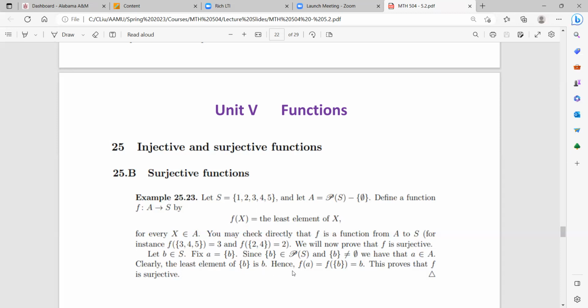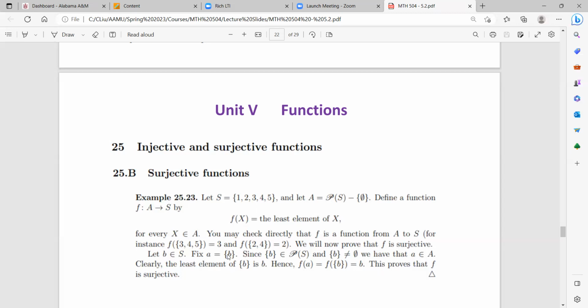So f of A equals f of {b}, which is the element of this set, which is b. So f of A equals b. So for any b in this codomain S, you can always find at least one such A in the domain such that f of A equals b. So this proves that f is surjective.